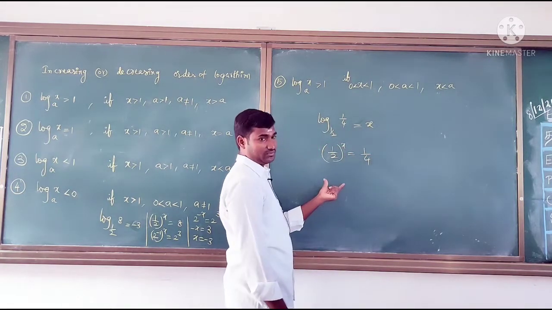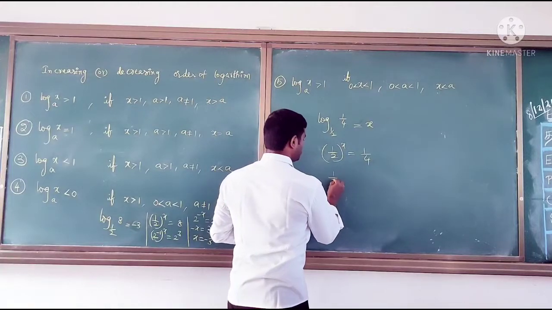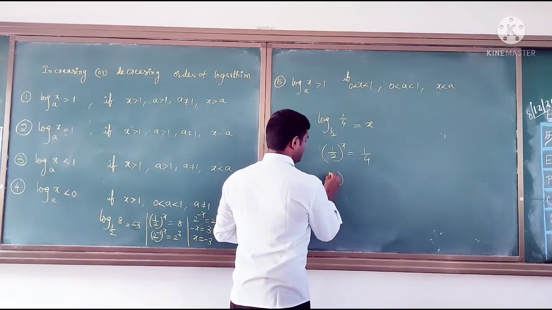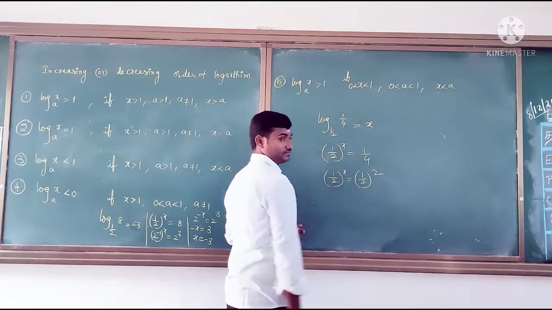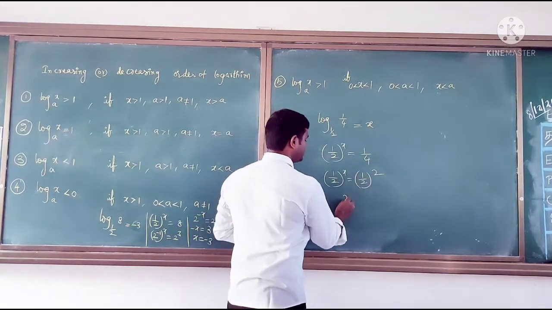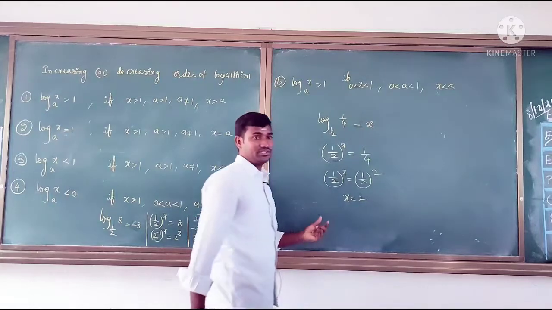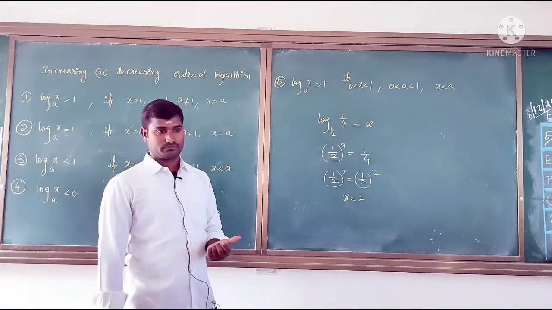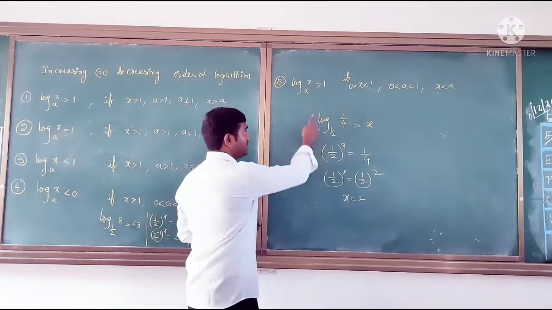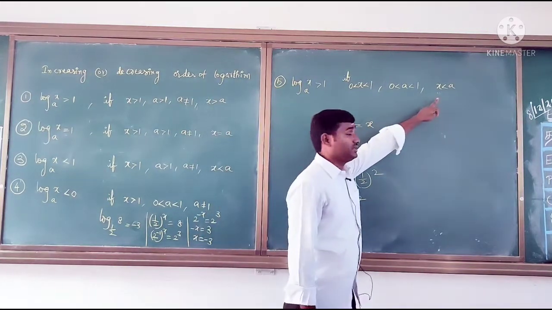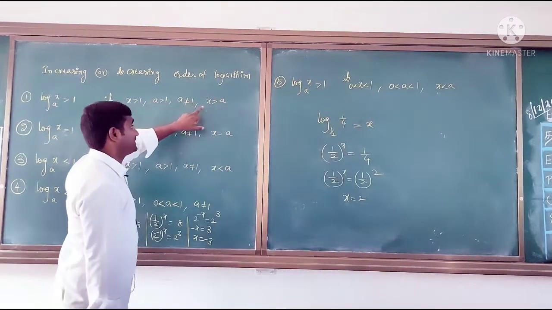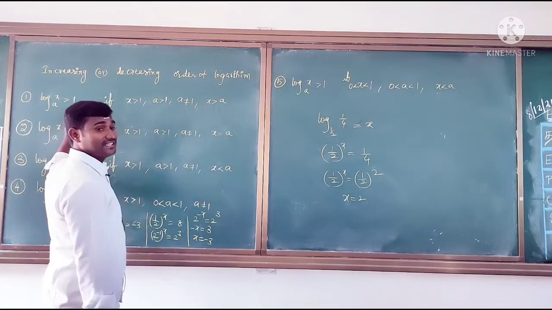In the exponential form, 1 by 2 whole power x equals 1 by 4. Can I write 1 by 2 whole square? Yes, sir. Both sides have the same base, so the powers are equal. So x equals 2. 2 is greater than 1 only. So here we need to check. In the first case, x is greater than a, x greater than 1.